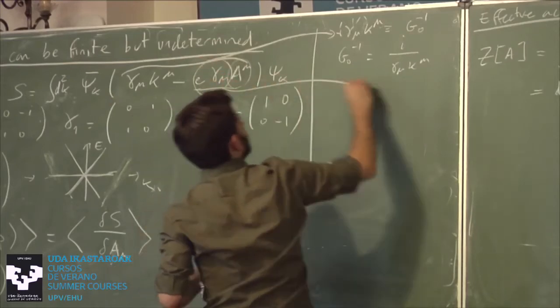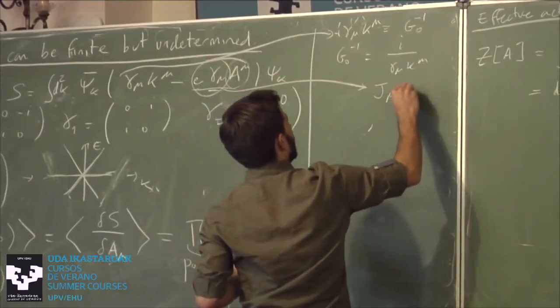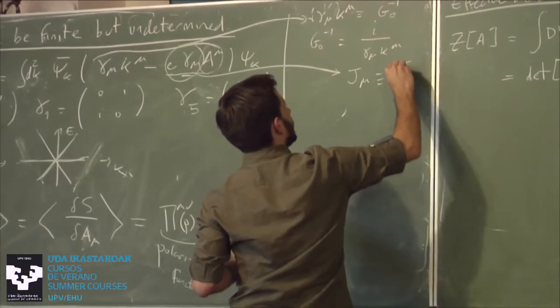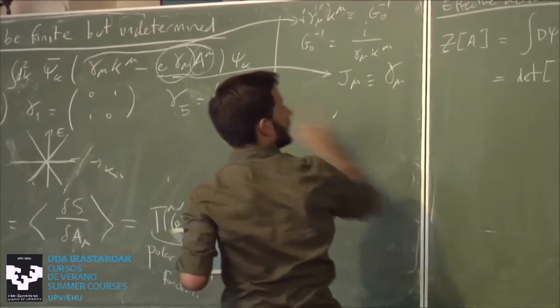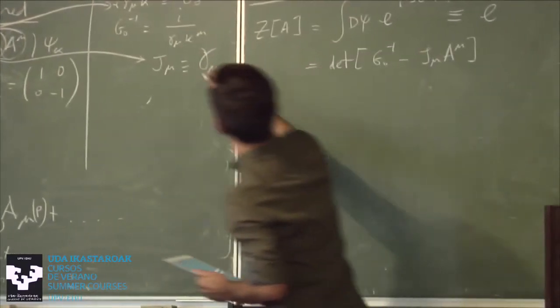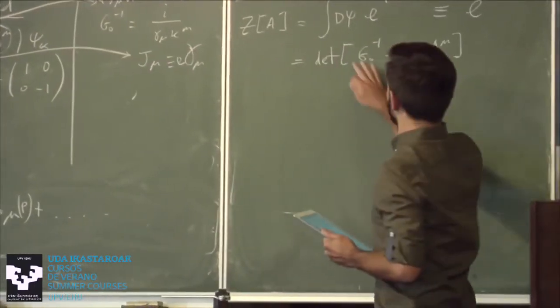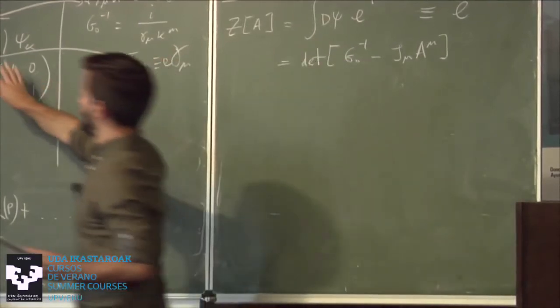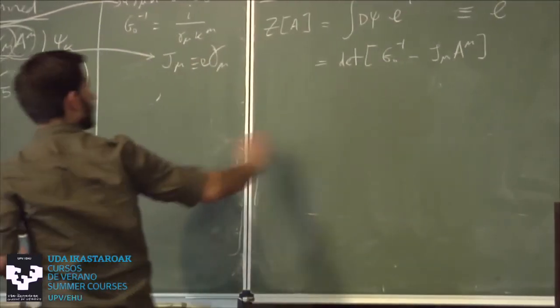This thing here I just define as my current, and the A is the A. Okay? So actually, maybe with an E here. So this is just this object.